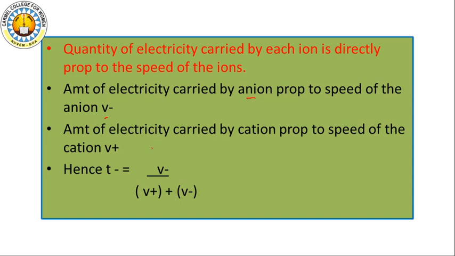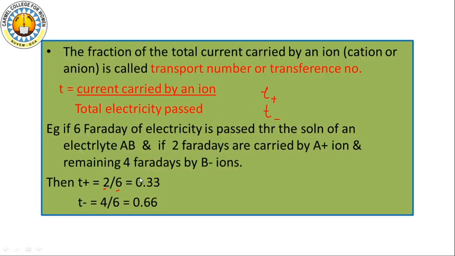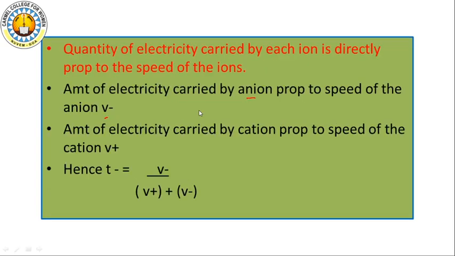So, with the definition that we have of transport number, it is the current carried by an ion divided by the total electricity passed.